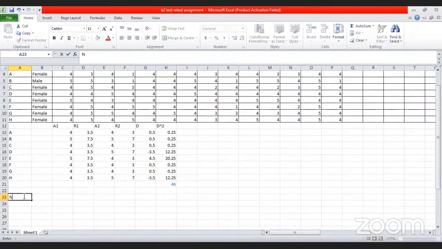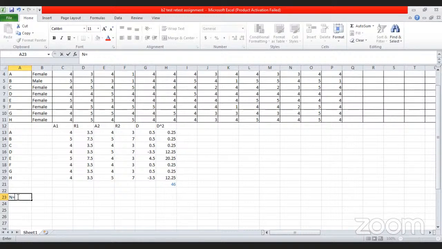Yes. Okay. Now I have to put into the formula. So what is the n? What is the n here? How many participants are there? N means sample size. How many participants are there? A, B, C, D, E, F, G, H, 8.